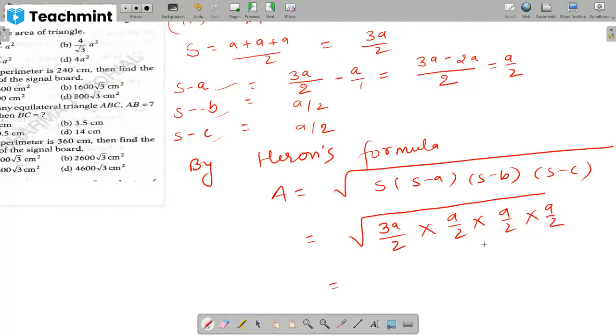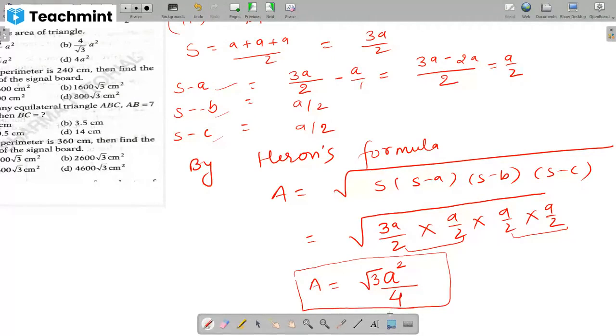How many A's do we have within the square root? 1, 2, 3, 4. It's A raised to the power 4. So when you take A raised to the power 4 outside the square root, you will get A square only. And here we have the pair 1 by 2, 1 by 2, 2 times, so that is 1 by 4. And within the square root now, what is left? Only root 3. So this is the area of the equilateral triangle.